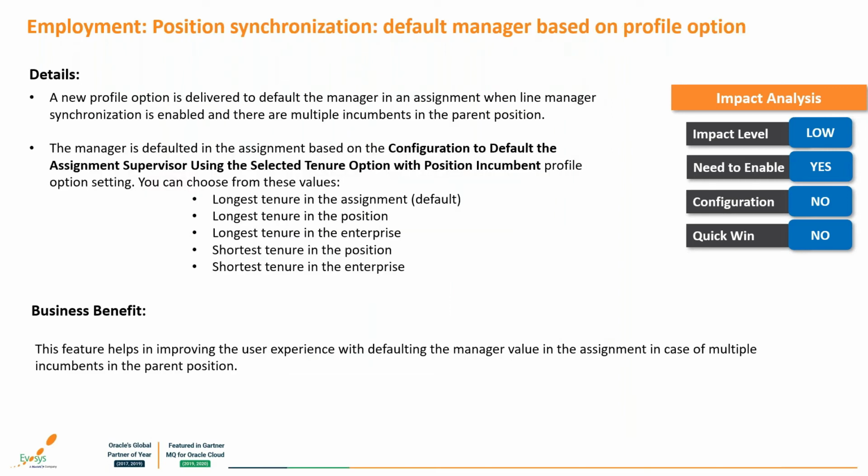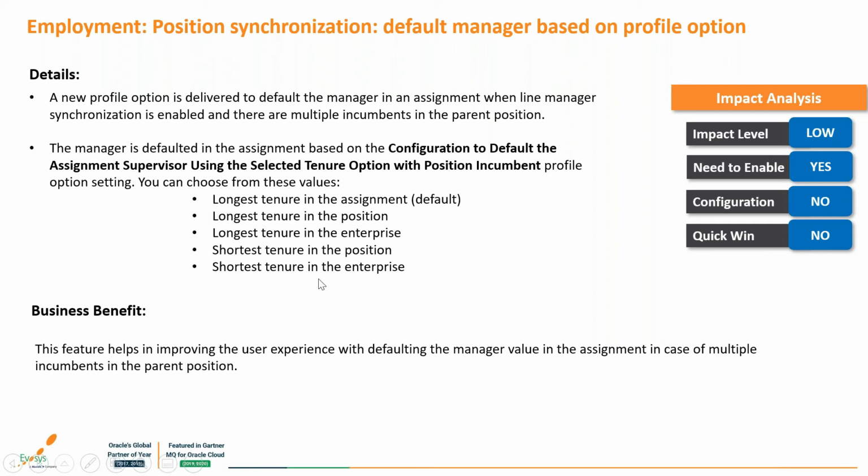Position synchronization, default manager based on profile options. Here, say for example, there is a position which has multiple incumbents, and initially there was no segregation of which manager or which employee is there since when. Now there is a default configuration: supervisor using selected tenure option with position incumbent.